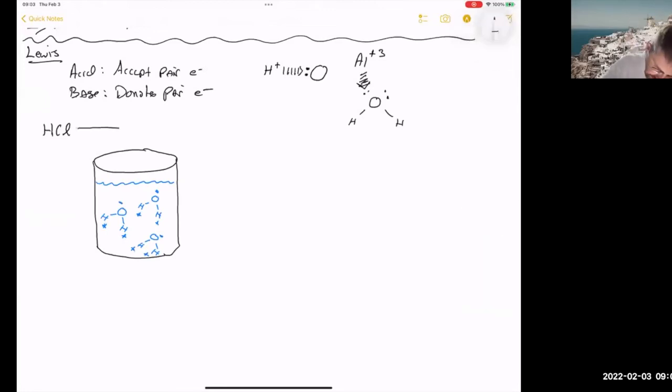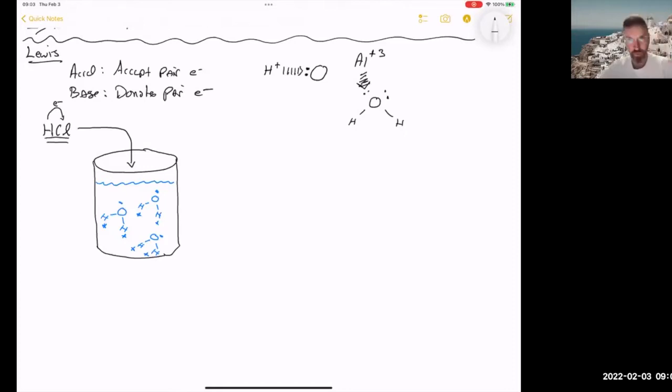All right. If I put this hydrogen chloride into the water, what happens here is the hydrogen has given its electron to the chloride, because the chloride is very electronegative. So this is an ionic bond that we're dealing with.